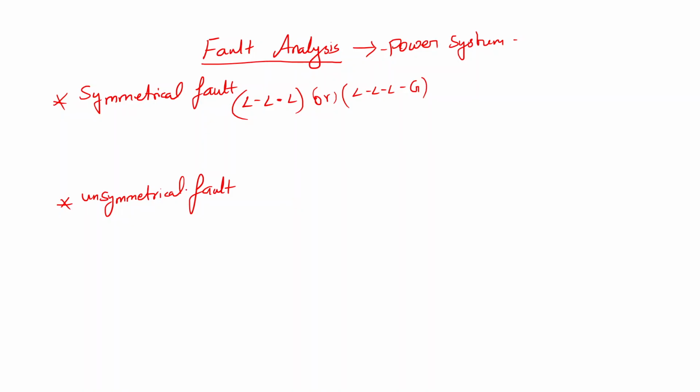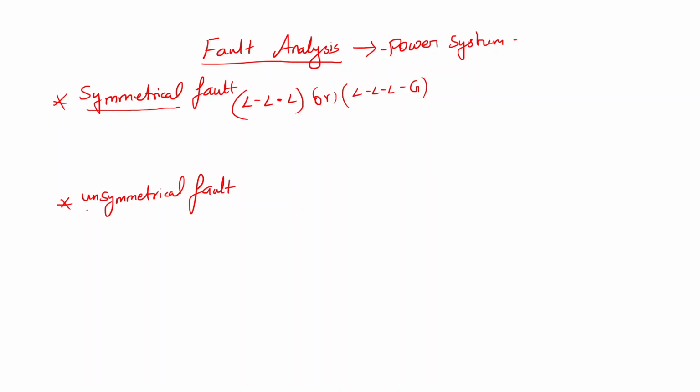Then what is unsymmetrical? During a symmetrical fault, the current is equal in all three phases because all three phases are shorted, so there is no unsymmetrical current flowing between the lines. All the lines have symmetrical current, so that's why the name symmetrical came, because all the lines have the fault.